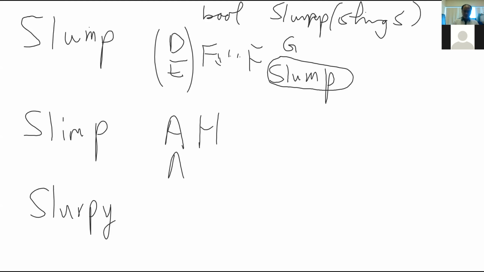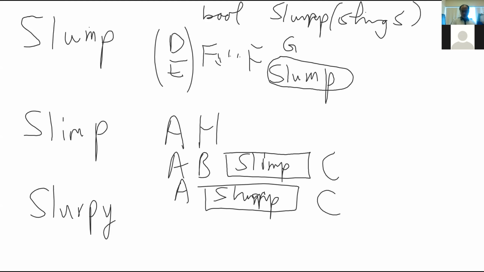Otherwise, it could be A, B, followed by a slim, followed by C, or it could be just A, followed by a slump, followed by C. So again, what you do is you basically strip out the first one or two letters, depending on whether you're in the first case or second case, strip out that last C, and then recursively call the correct function for the middle part, and then it can tell you yes or no.